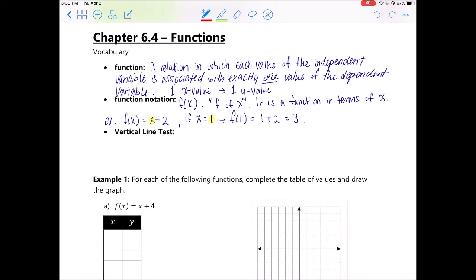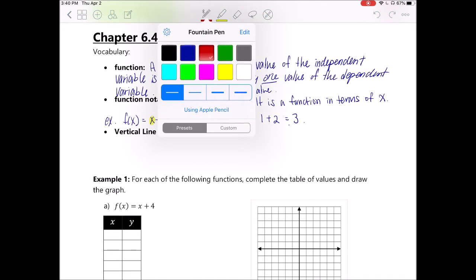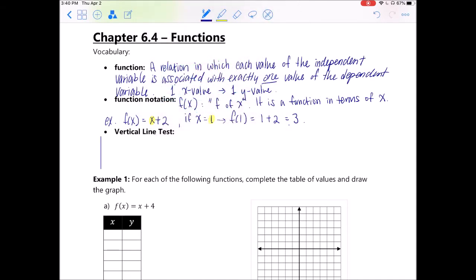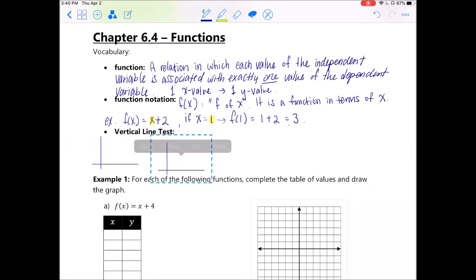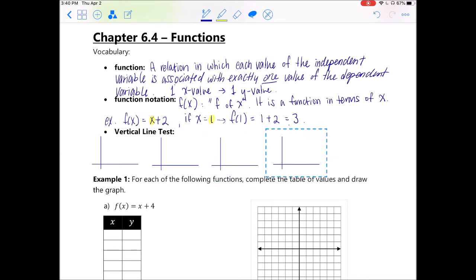So let's take a look at the vertical line test. A vertical line test allows us to determine if a relation is a function. For example, if we were to have four grids like this, the first graph looks like this here, a straight line.